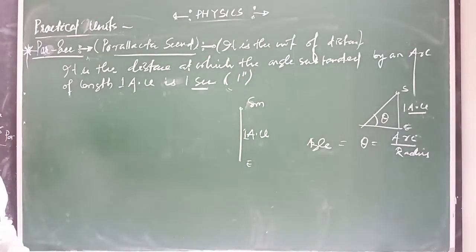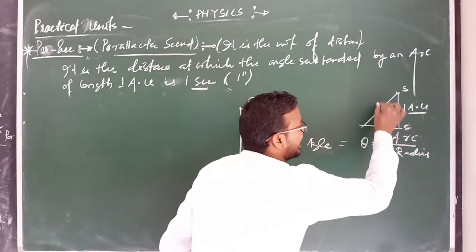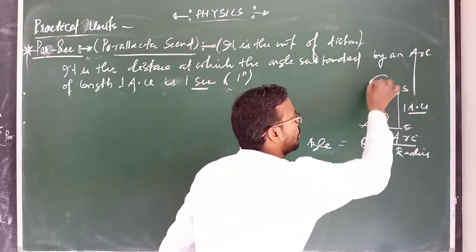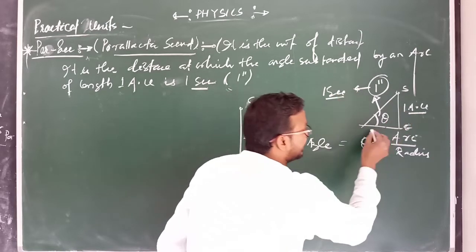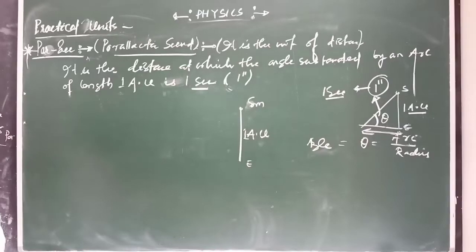So this is 1 second. Now we have to find this angle theta, which will be 1 second. Then this radius is known as parallactic second.